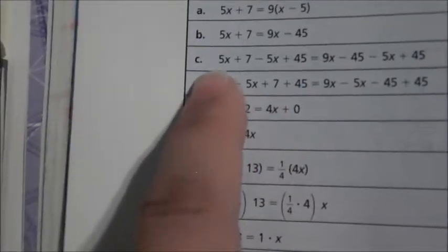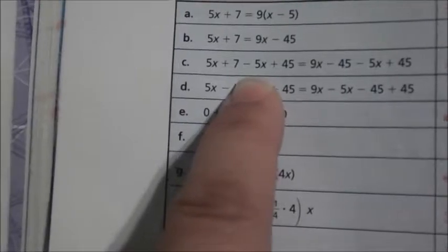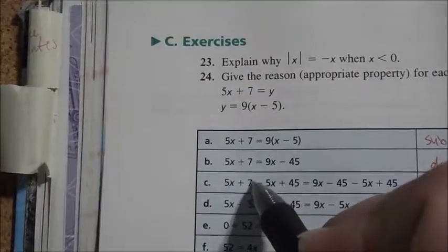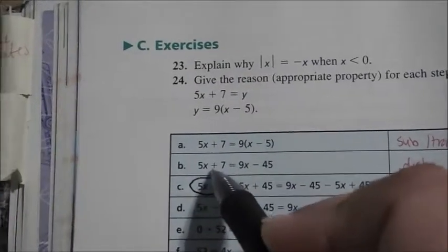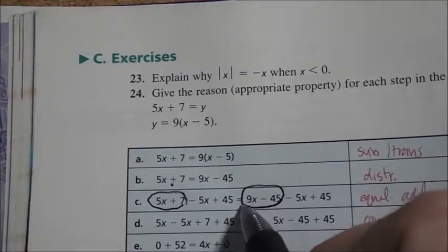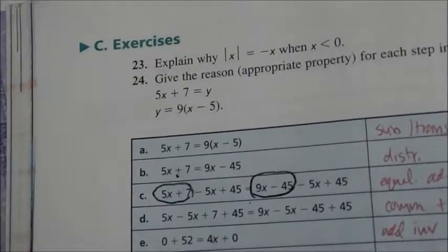Let's go back over here. You have 5x plus 7. You have minus 5x and plus 45. So let me point out that here is the original left side, and here is the original right side.